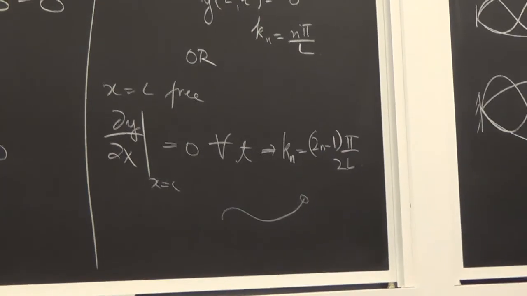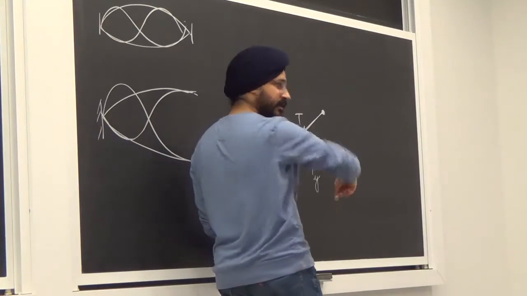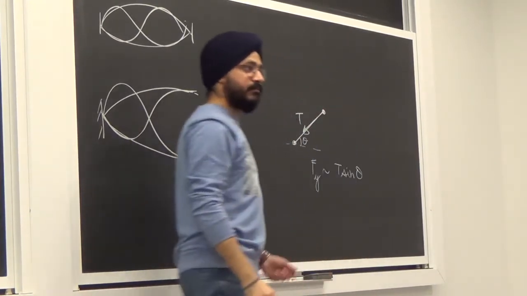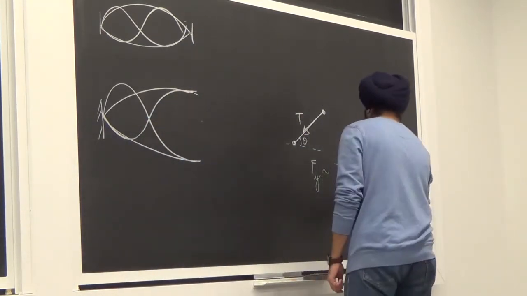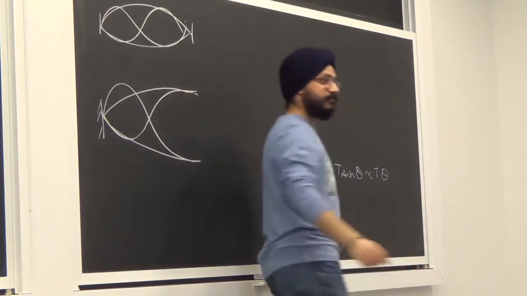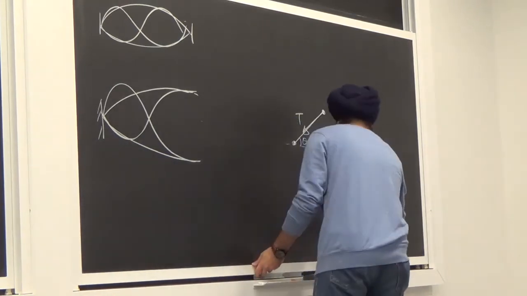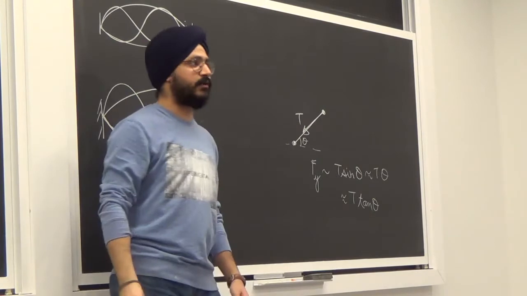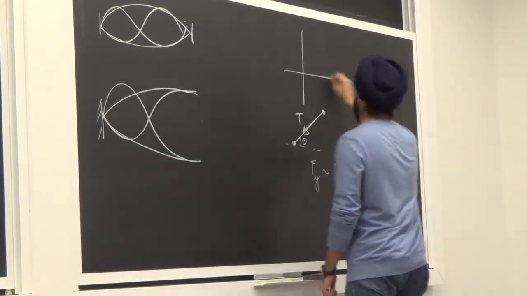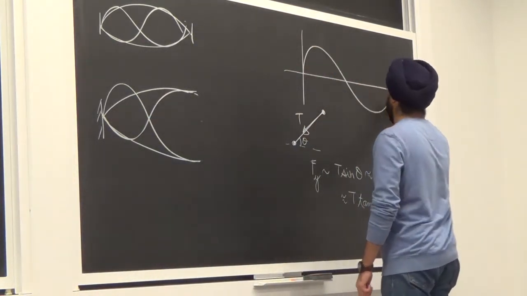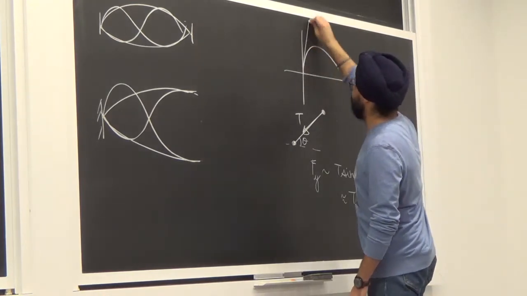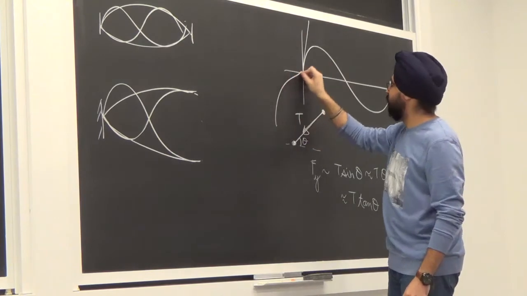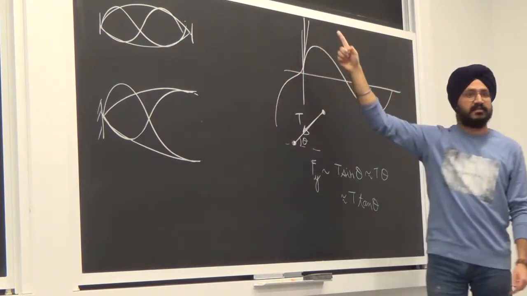My transverse force Fy, which pulls it up and down, is T sine theta. For small angles, this is approximately T theta, and also approximately T tangent theta, because for small angles the sine curve looks like a linear curve, and the tangent curve also looks pretty much the same.